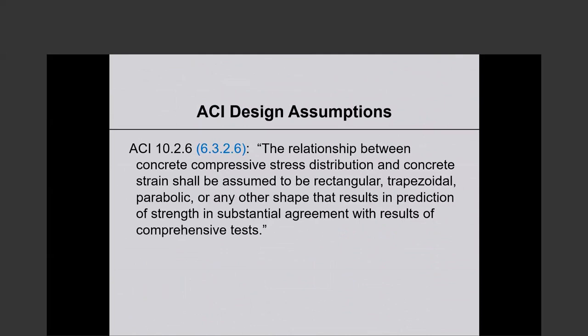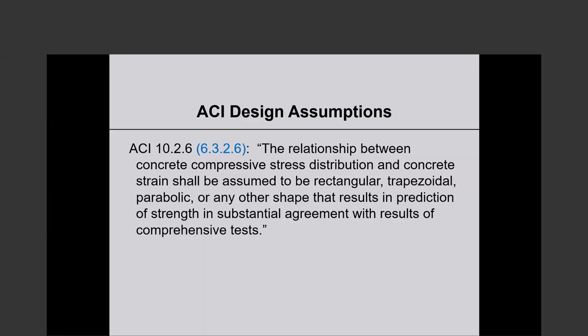ACI 318 is not telling you to use the rectangular stress block. It never has told you so. It simply says the relationship between concrete compressive stress distribution and concrete strain shall be assumed to be, you can assume it to be rectangular, trapezoidal, parabolic, or any other shape. You can postulate it to be anything you want.